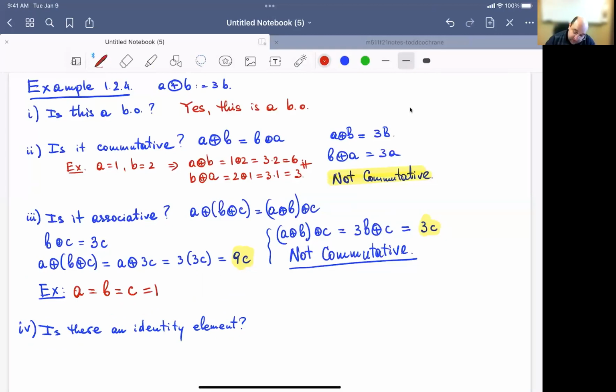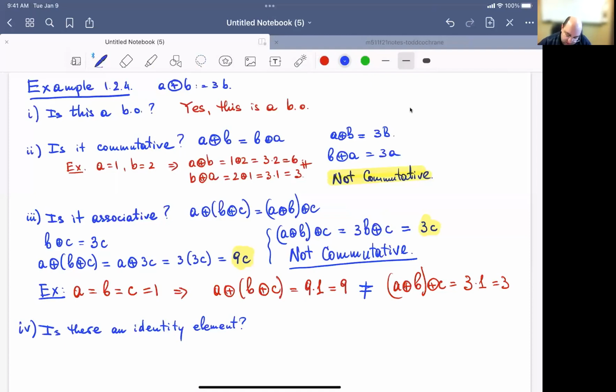If I do that, then from what I have, I will have that a plus b plus c is equal to 9 times c, which is 9 times 1, which is 9. But a plus b plus c would be equal to 3 times c, which is 3 times 1, which is 3. So these two things are not equal to each other.